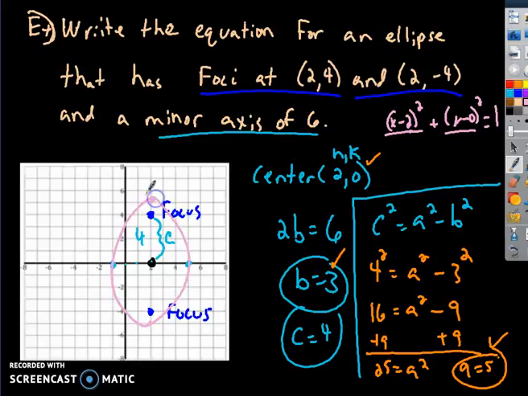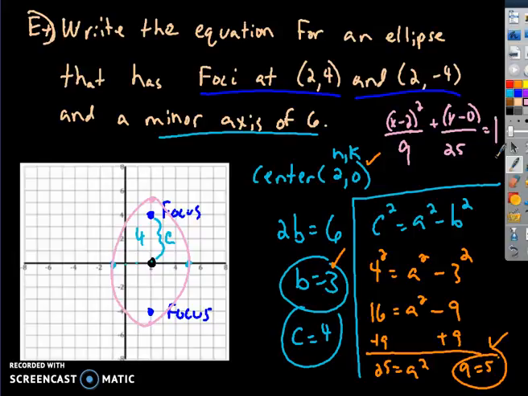So it's an egg-shaped ellipse. Because of that, I know my a value has to be beneath y. So it's 25 beneath here, and 9 is beneath there. And this is the equation. Again, that says y subtract 0 there, over 25, equals 1. And that's it. That's all I have on that topic.